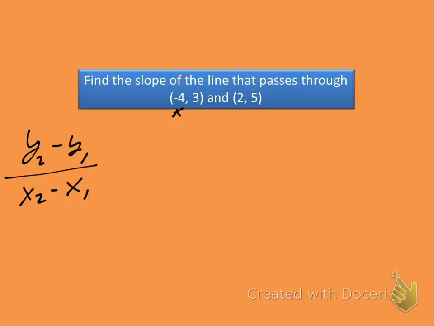This is an x, this is a y, this is my first x, my first y, my second x, my second y. That's how you figure them out, and then you plug them in. So 5 minus 3 all over 2 minus a negative 4.